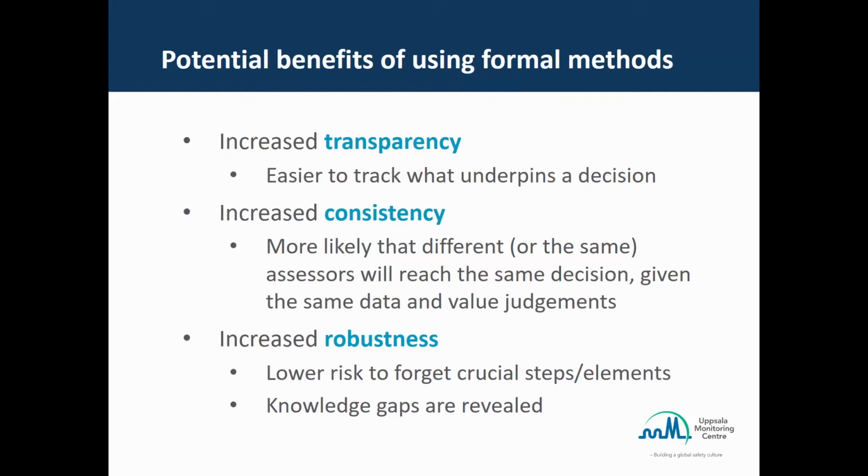And also because a formal method is explicit, it will make clear to us what knowledge gaps are present. I should mention that these three statements here are more arguments at this point than they are facts. And as far as I know, no one has empirically demonstrated that they are true. But they are, I would say, very reasonable.